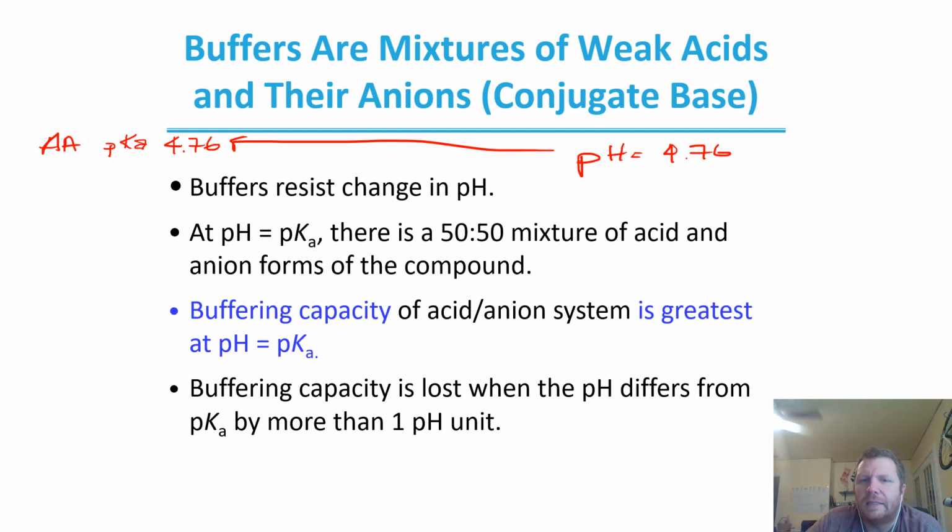Now, the buffering capacity of an acid-anion system is greatest when our pH is equal to our pKa. Buffers are still functional, but they grow a little weaker as you get farther from the pKa.